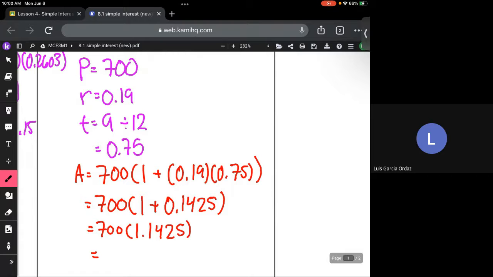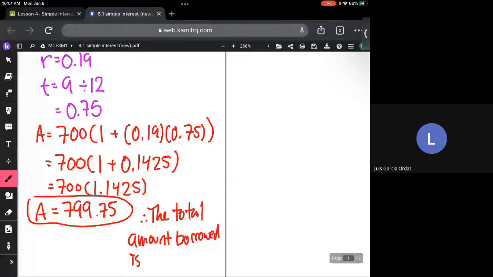So therefore, the total amount borrowed is 799.75.